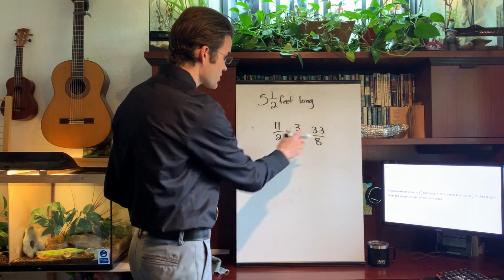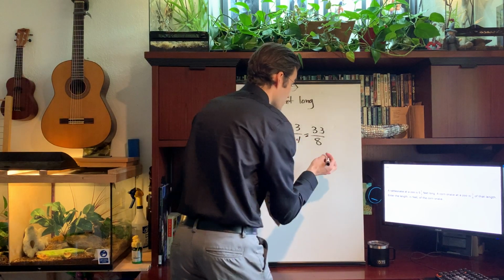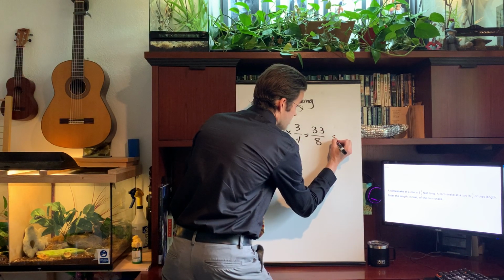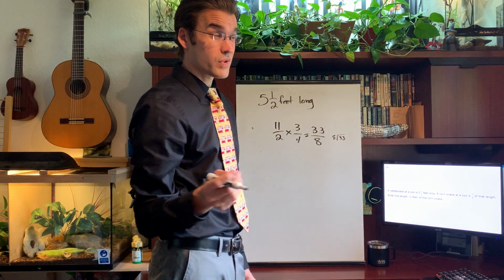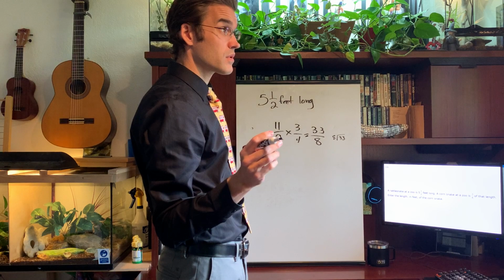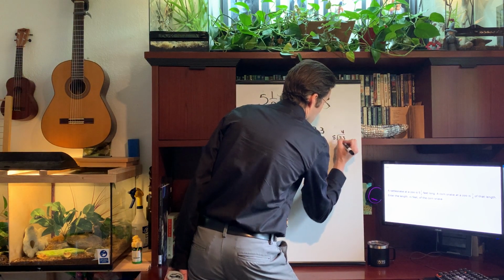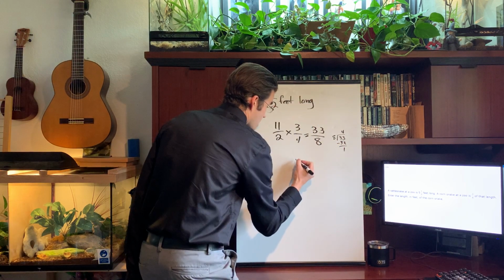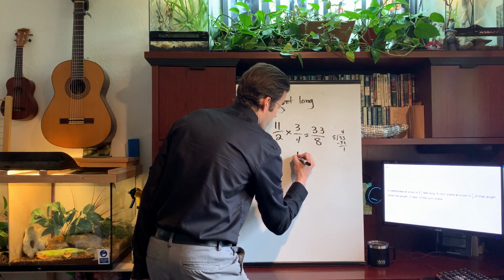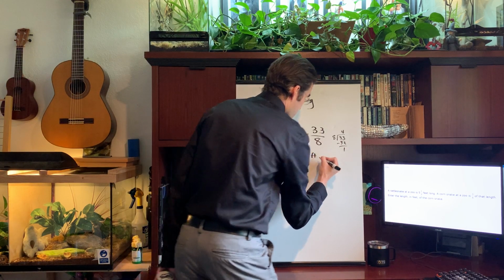Let's turn this into a mixed number and see what it looks like. So 8 goes into 33. What's 8 times 4? 32. Is that right? So 4, and that's 32. Subtract. So now we're going to have 4 1/8 feet.